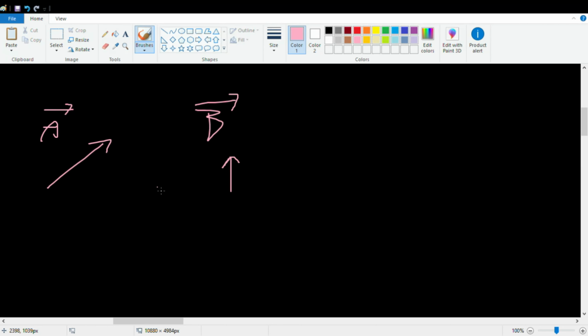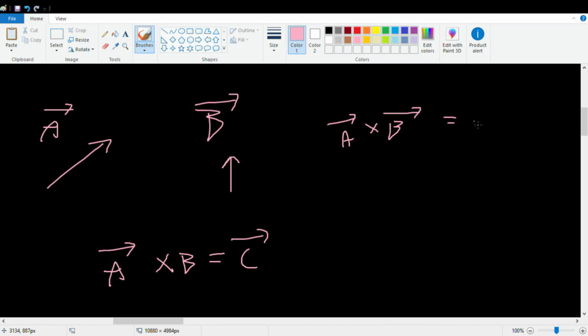And we can multiply a vector by a scalar, let's call it b, to get another vector. So remember, vector a times a vector b is going to be a scalar c.